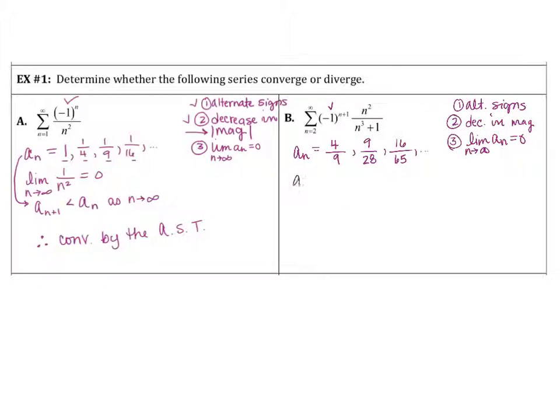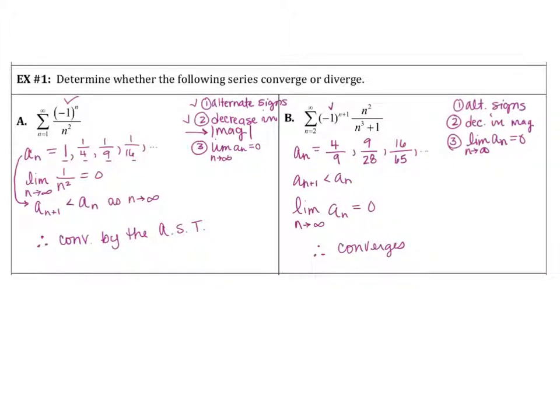So we see that the n plus 1 term is less than a sub n. It is decreasing. And if we look at the limit as n approaches infinity of our sequence, we see that that does tend toward 0. Now we've met all of those conditions, so therefore this converges by the alternating series test.